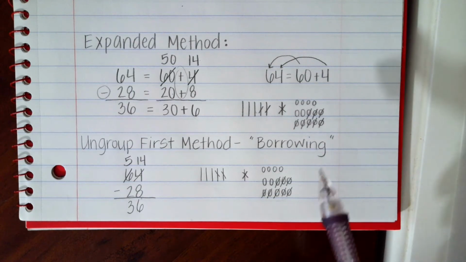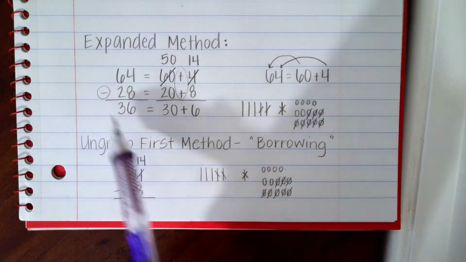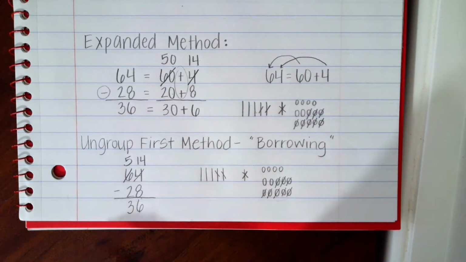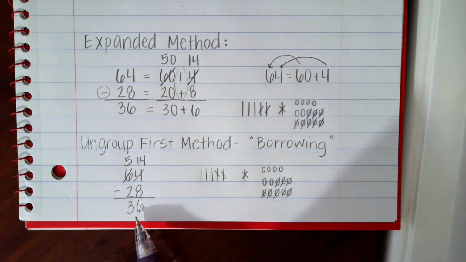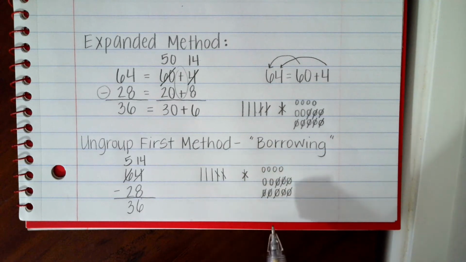So no matter which way you do it, drawing method, expanded method, or ungroup first method, you're going to get the same answer. Now, most of you will probably do the ungroup first method, and then we'll have to do proof drawings to make sure that our answers are correct.